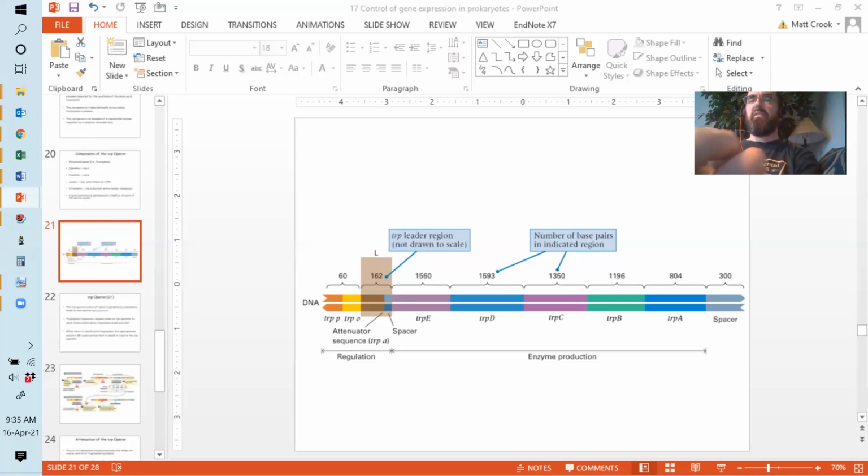If tRNA trip is not present, or not present at a high enough level that it's reliably incorporated into the polypeptide, the dummy polypeptide is not translated, which equals no terminator loop formation, which equals continuation of transcription.